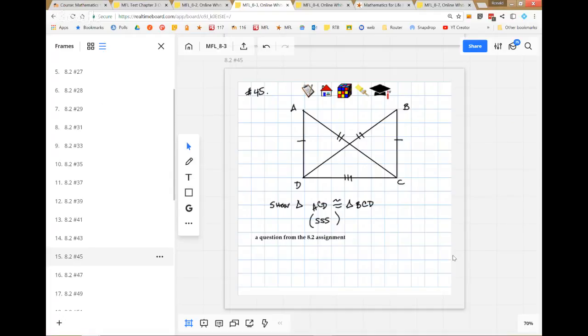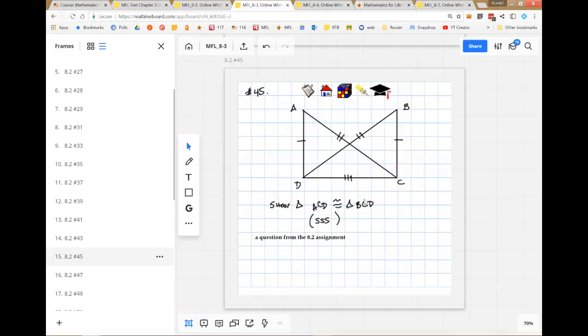Okay, 45. There's a picture in the book, and they tell you that AD is the same length as BC. That's what those little single notches mean, that they're equal length. They also tell you that AC is equal to BD. Those are my little 2 marks.